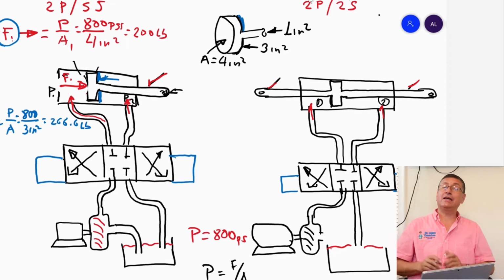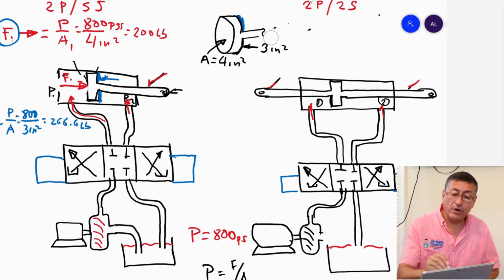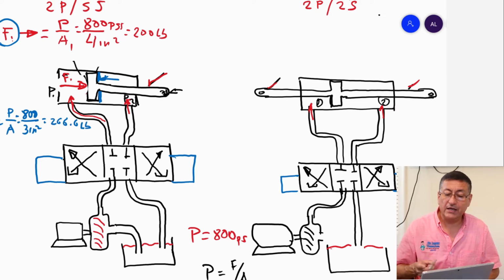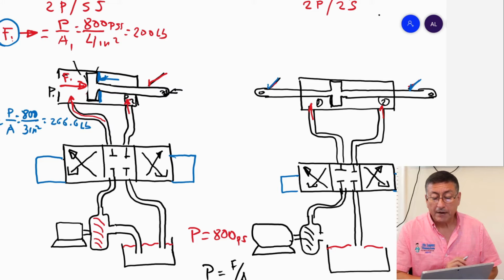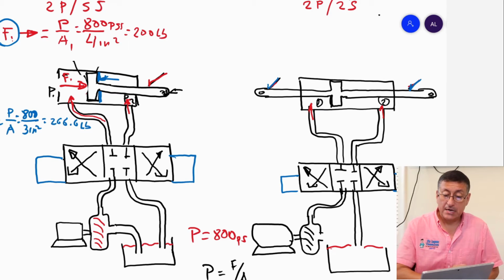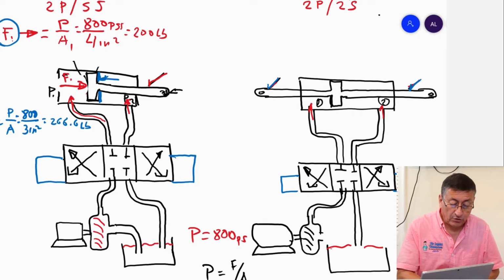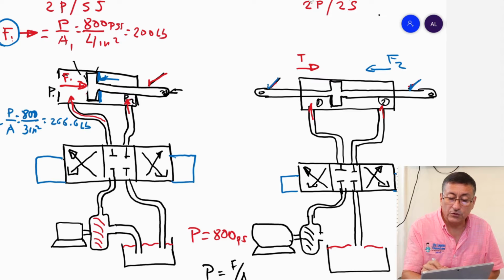We are going to analyze the second one. In the second one we have this situation, double shaft, double port. What happens when we analyze the force in one direction? We are going to check this force in this direction, the force number 2, and we are going to analyze the force number 1.